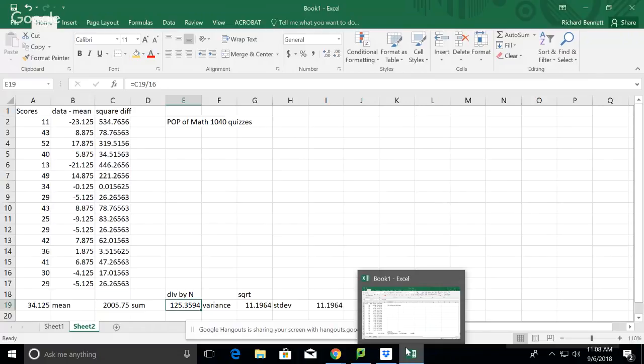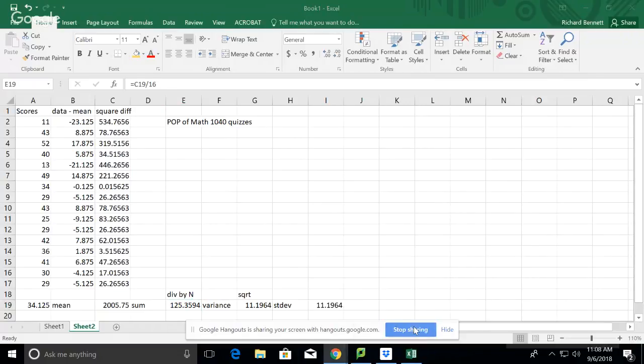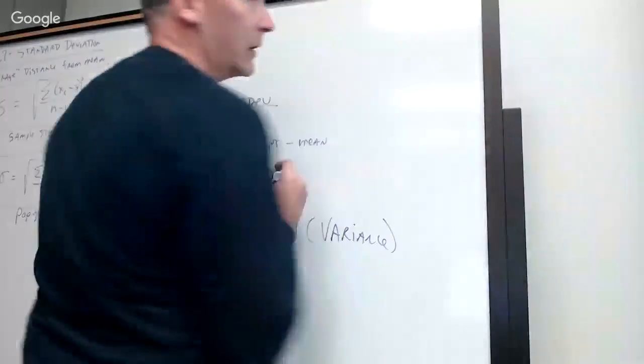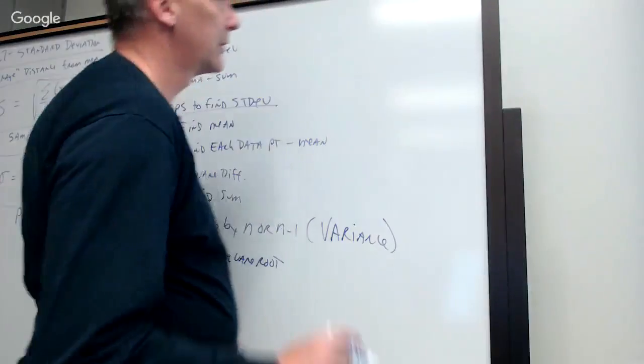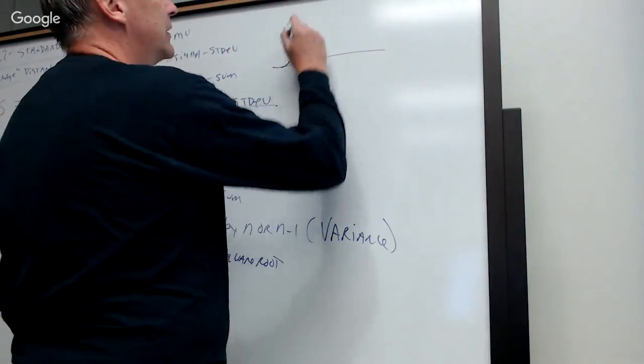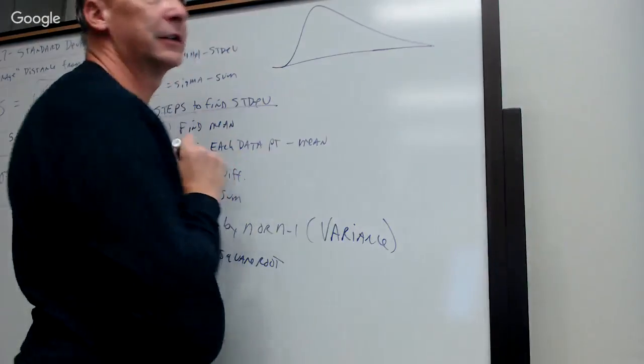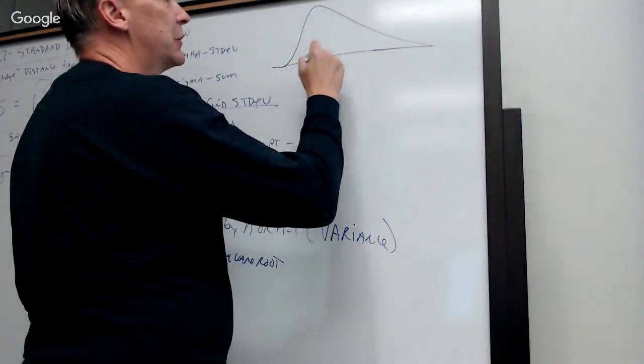Section 2 says you can describe them. Oh, actually, this is kind of a big thing. Let me stop sharing for just a minute, okay? Okay, so if you have a distribution that is skewed to the right, this is right skewed, right?